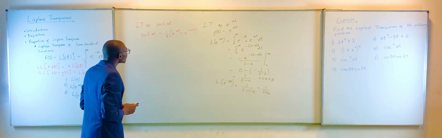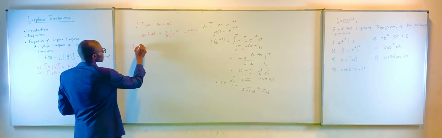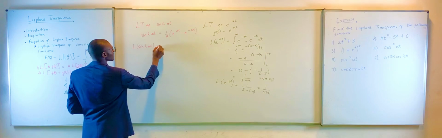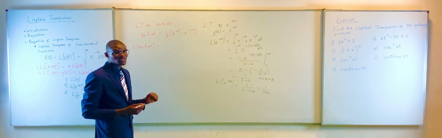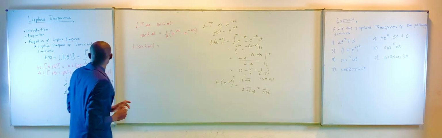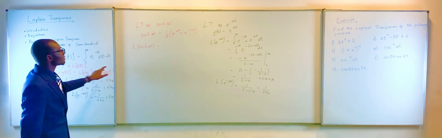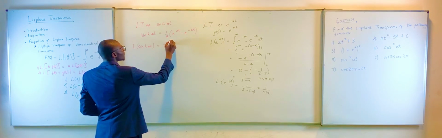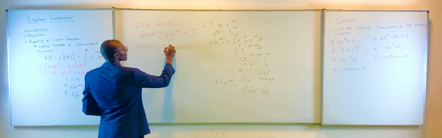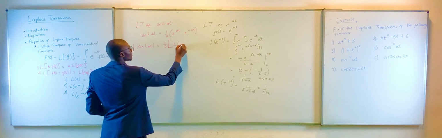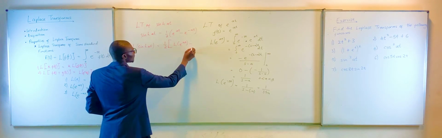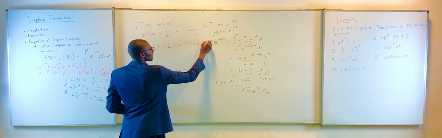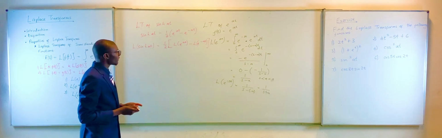Right. So finding the Laplace transform of sine hyperbolic function of at is just the same as finding the Laplace transform of that. And from this theorem here, we can take out the half such that we're simply saying half multiplied by the Laplace transform of e to the power of at minus the Laplace transform of e to the power minus at, right, like this, right?